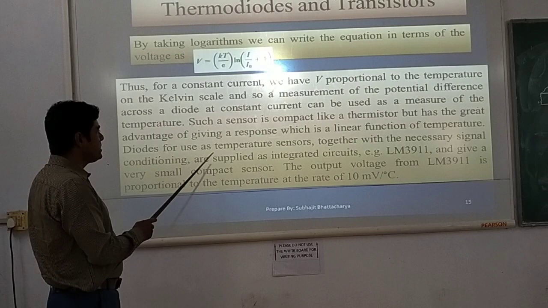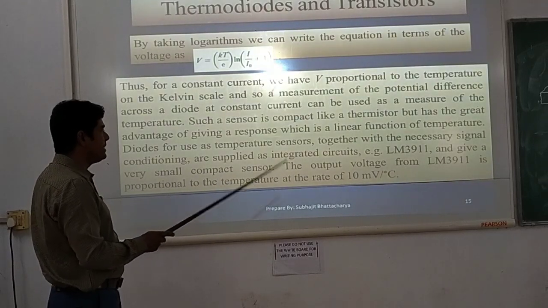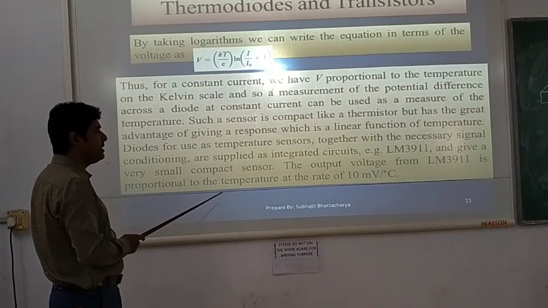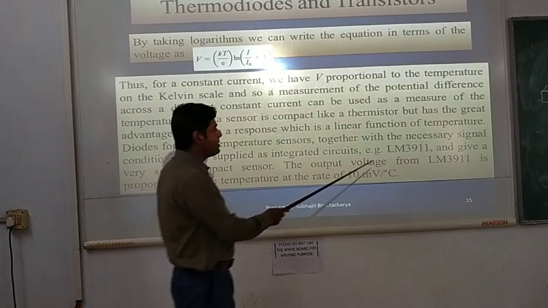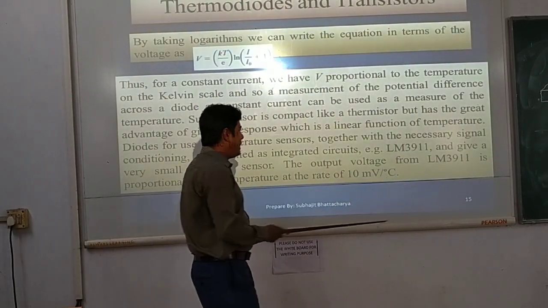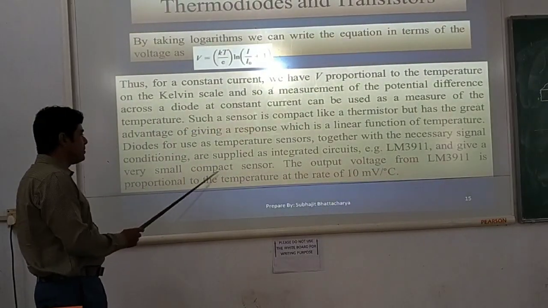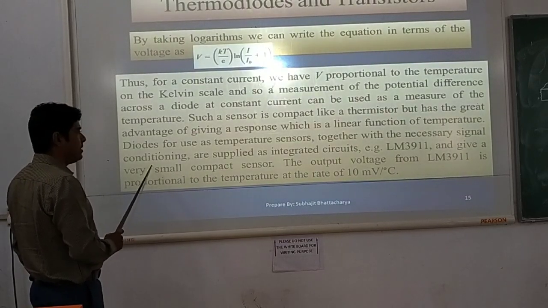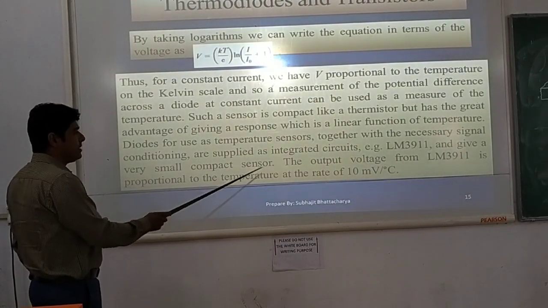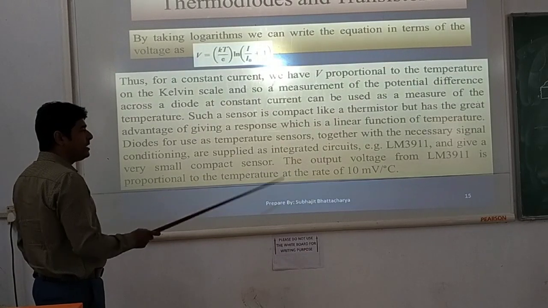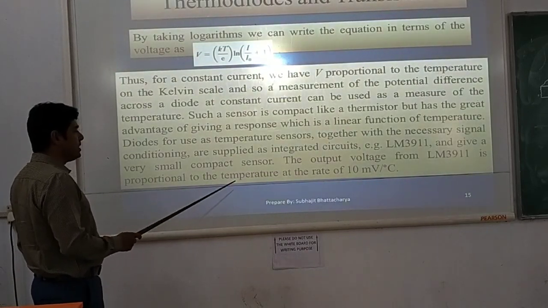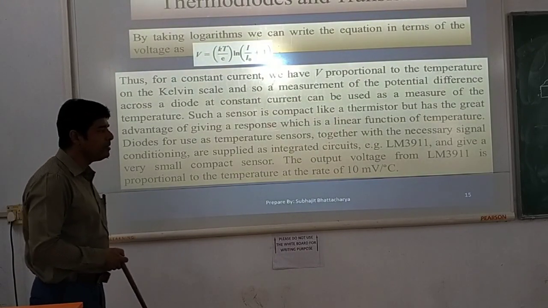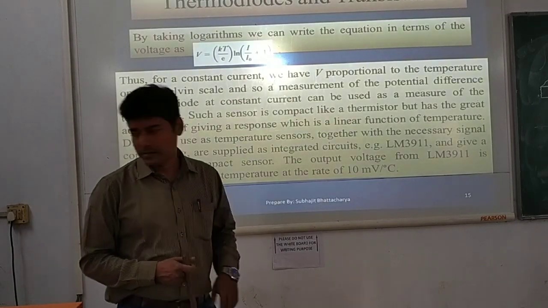Diodes for use as temperature sensors, together with the necessary signal conditioning, are supplied as integrated circuits such as the LM3911, giving a very small compact sensor. The output voltage of the LM3911 is proportional to the temperature at the rate of 10 millivolts per degree Celsius.